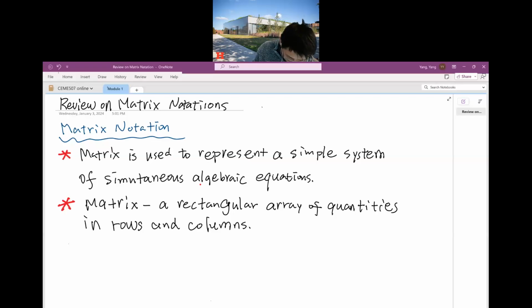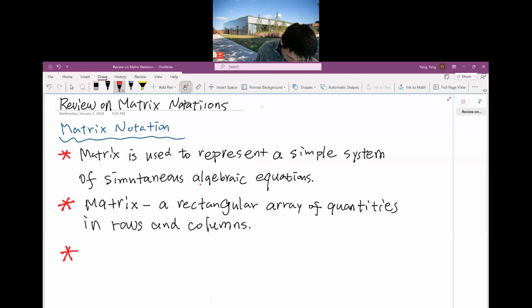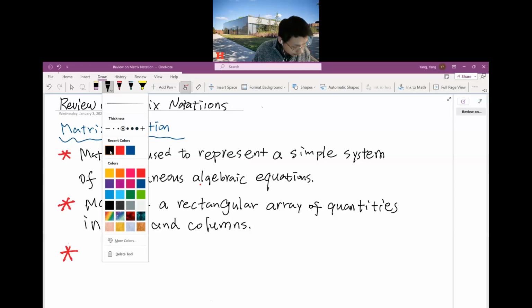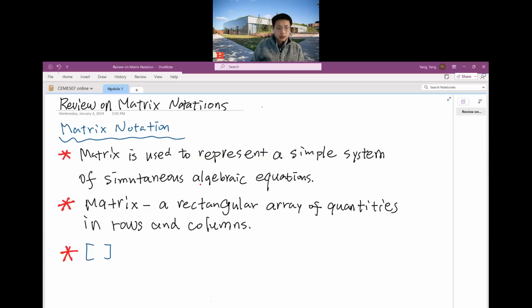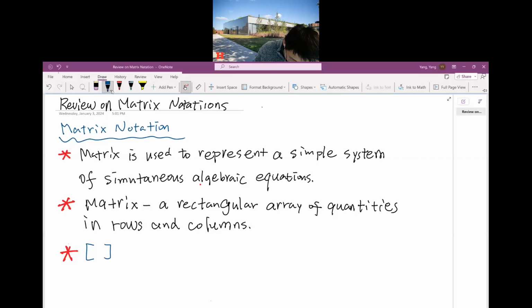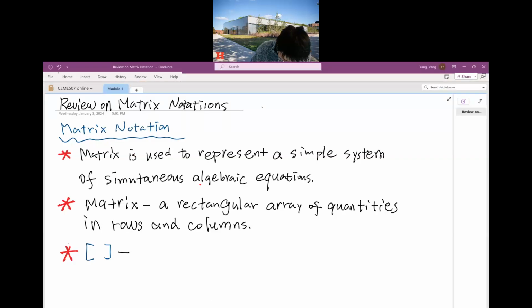So in this course, we will use the square or rectangular bracket to represent rectangular matrix. So this is for the matrix.